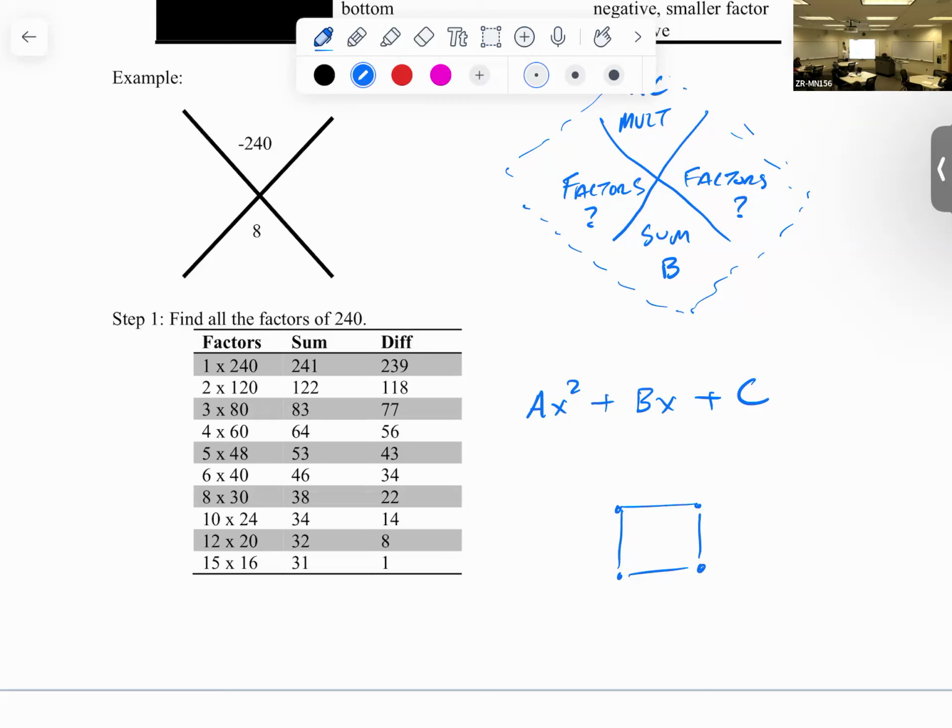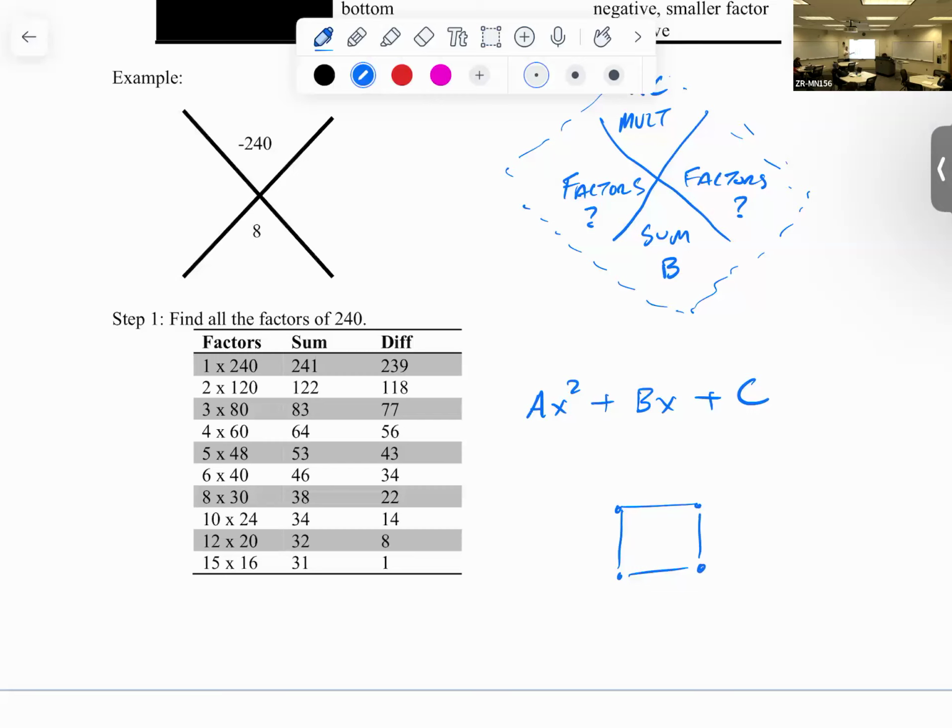If you have a hard time, start with the values and always start with 1 times 240. That multiplies to 240, but the sum would be 241, and even if one is negative, 239. Then just do it one at a time. Go through your multiplications. In your calculator, you can do this really fast. 2 times 120, 118; 3 times 80.